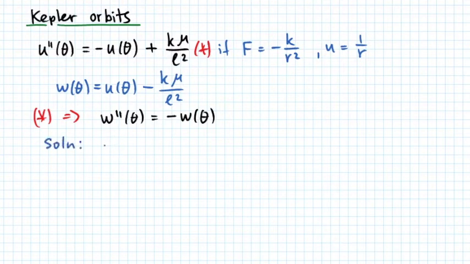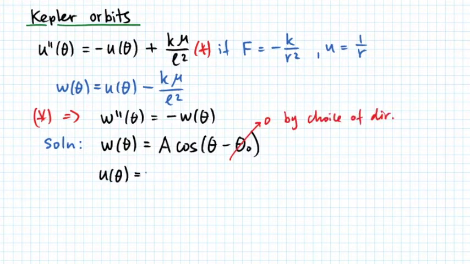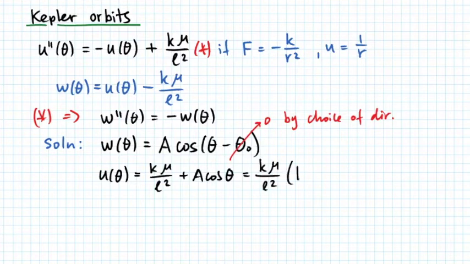The solution is w as a function of theta is given by, say, a times cosine of theta minus theta 0. We can set theta sub 0 to 0 by choice of direction. Then we have u of theta equal to k mu over L squared plus a cosine theta, or k mu over L squared times 1 plus epsilon cosine theta.